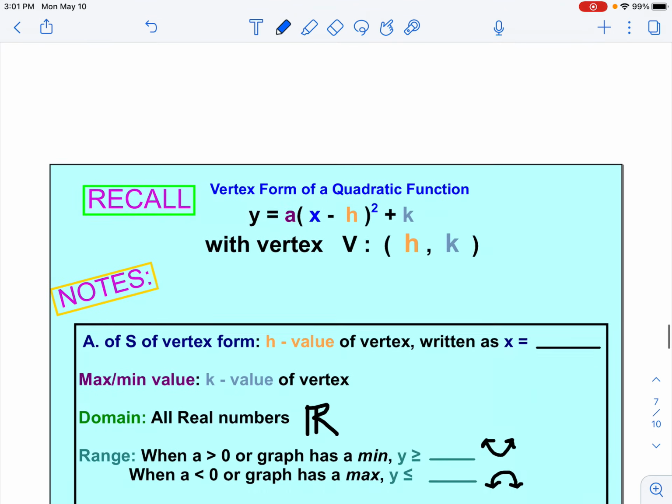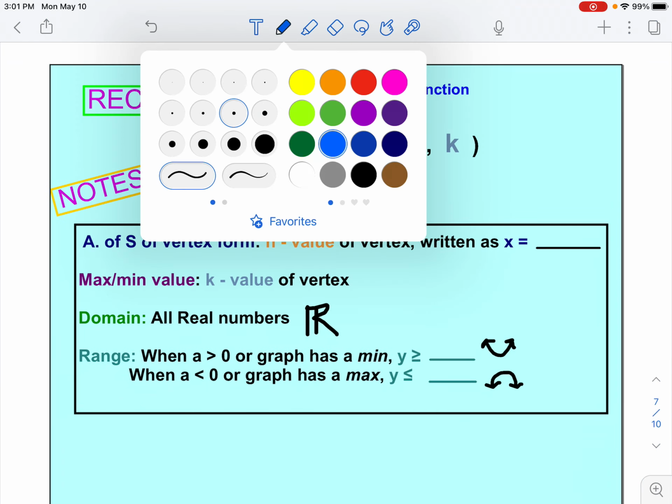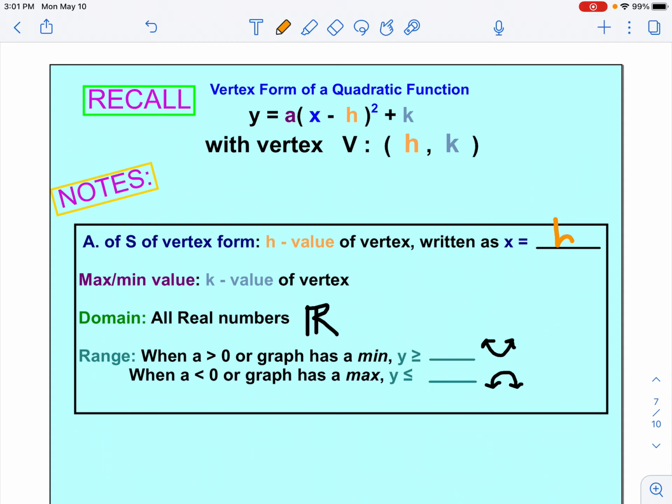And so your axis of symmetry is always going to be written as x equals your h value from your vertex. The minimum or maximum value is your k. The domain is all real numbers, and the range, again, is when your y values are less than or equal to or greater than or equal to that y value, depending on if it has a minimum or a maximum.